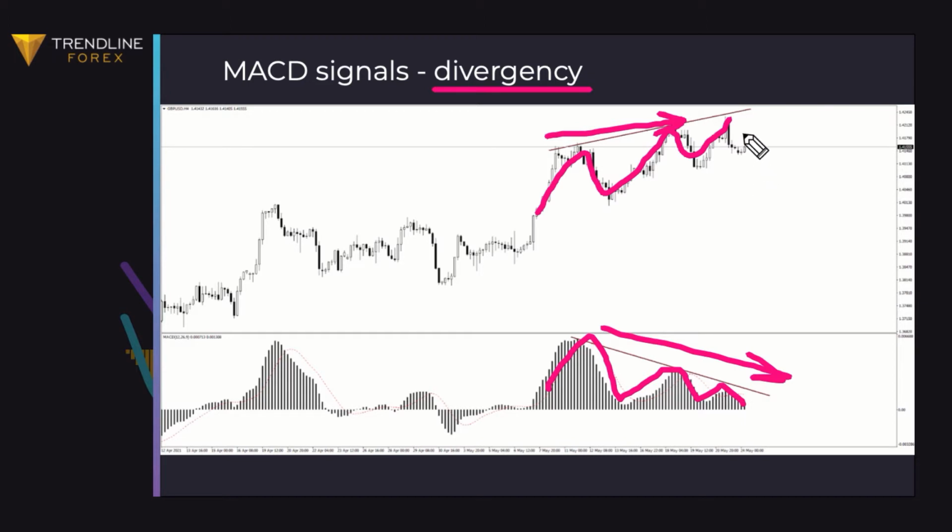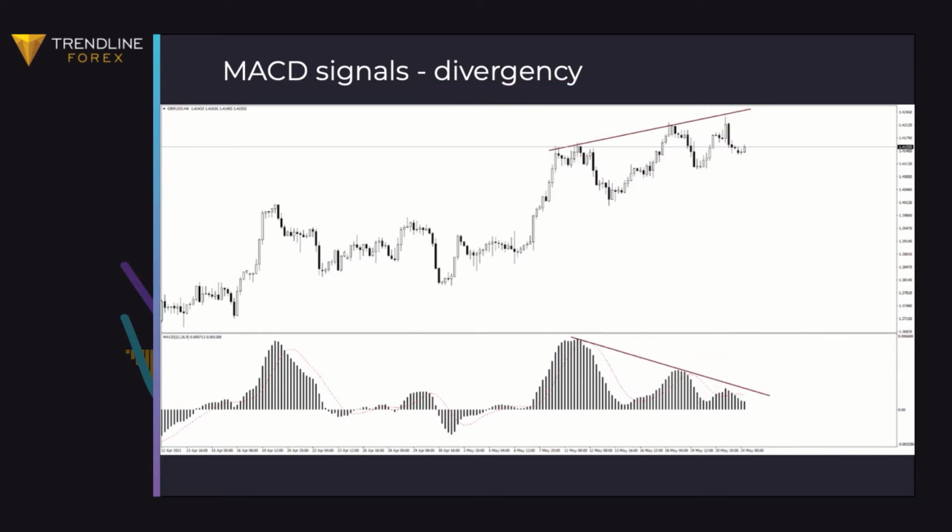This means that this upside move is getting weaker and we could see a correction in price, or maybe even a reversal. Based on this divergence, we could make up a strategy and be able to catch a trend from the very beginning. And if there is actually a reversal, then to be able to hold until we get another signal in the opposite direction and close our trade.